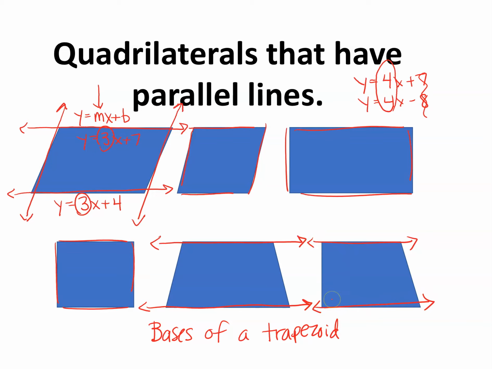So when you took your test, you were asked to pick two equations that were opposite sides of a parallelogram, opposite sides of a rhombus, opposite sides of a rectangle, opposite sides of a square, or bases of a trapezoid, and all of those answers should have been to find equations that had the same slope, equal slopes.